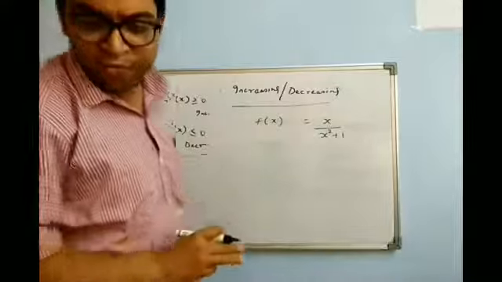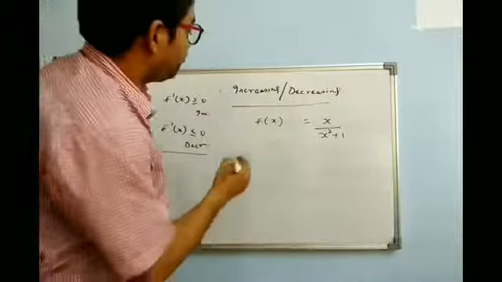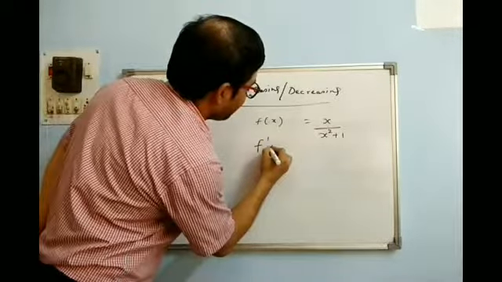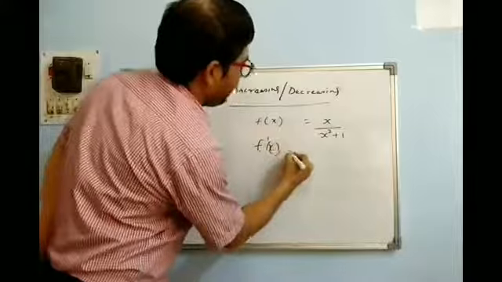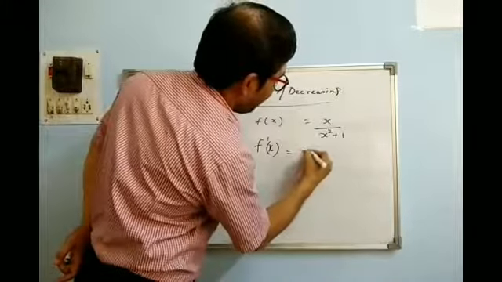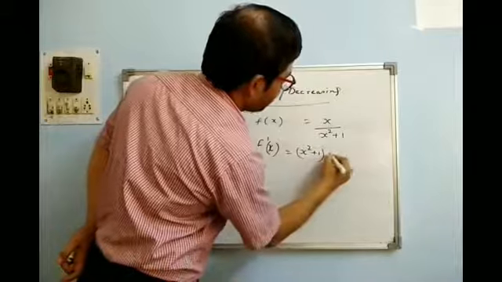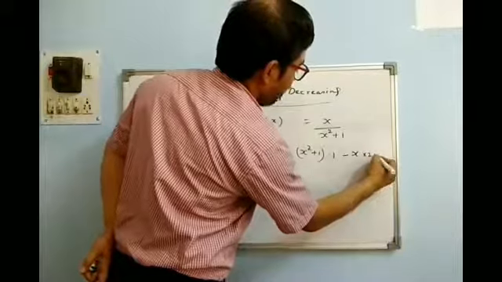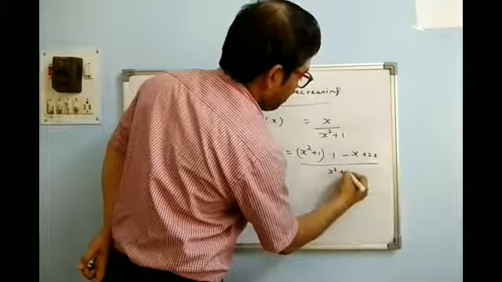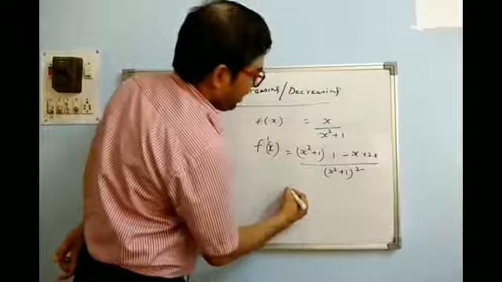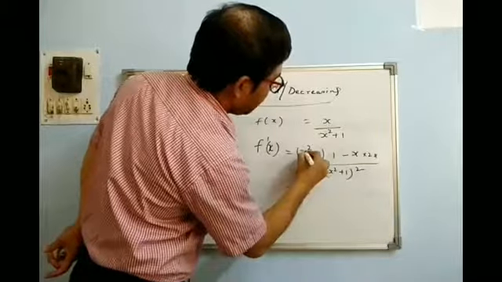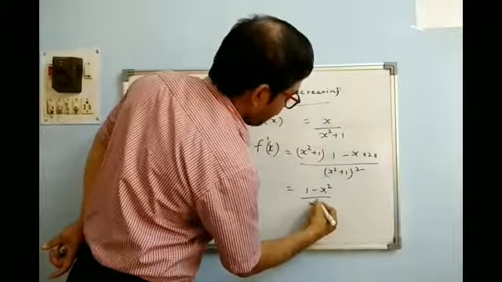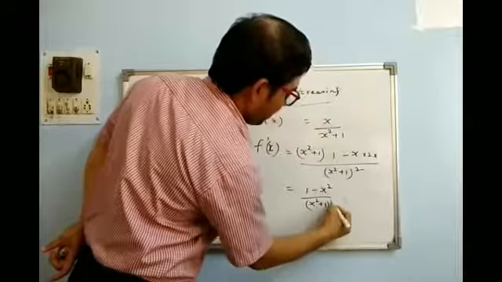Firstly I have to find f dash x to determine the points of increasing or decreasing. f dash x is in the form of u by v: v as it is, differentiation of u is 1, minus x as it is, differentiation of that is 2x, by x square plus 1 whole square. On solving, this is 1 minus x square by x square plus 1 whole square.